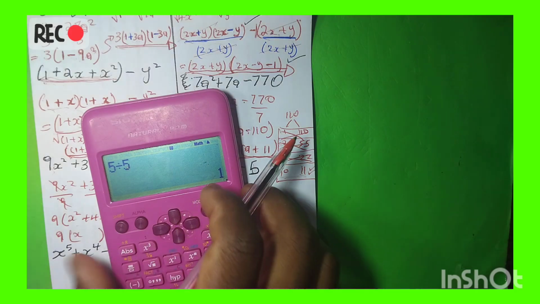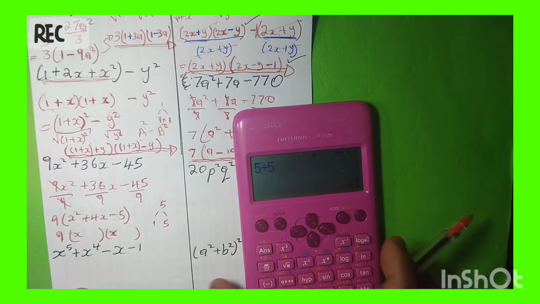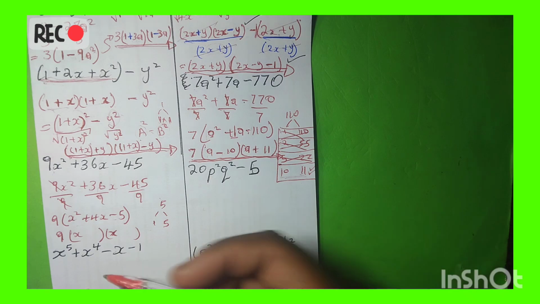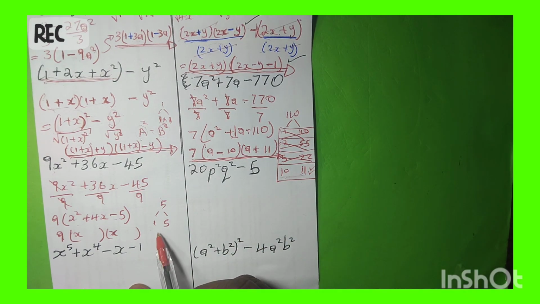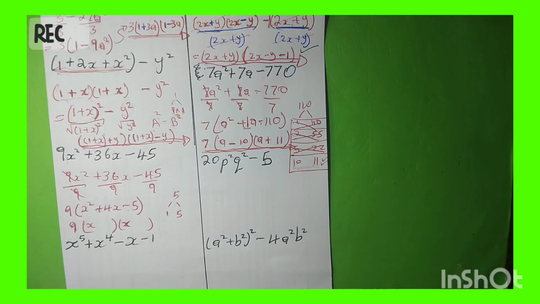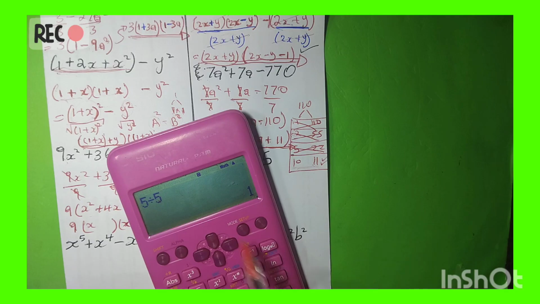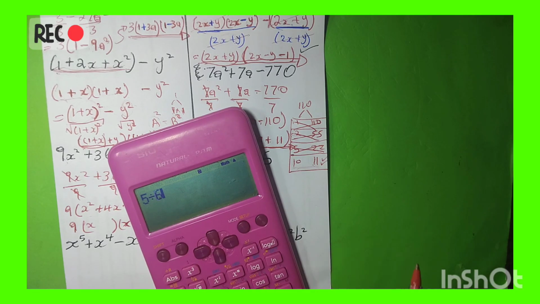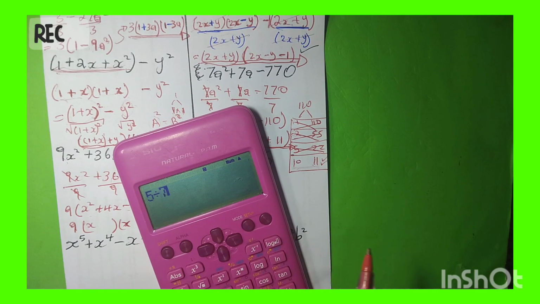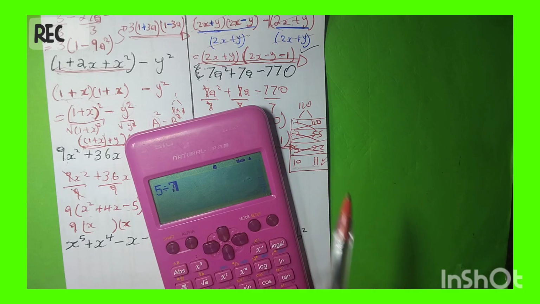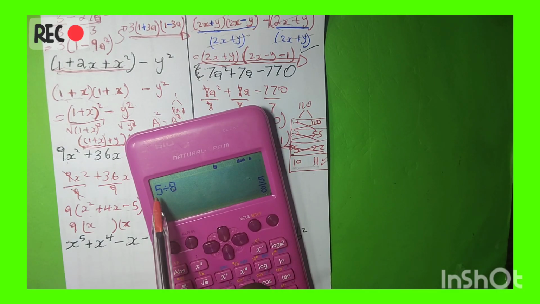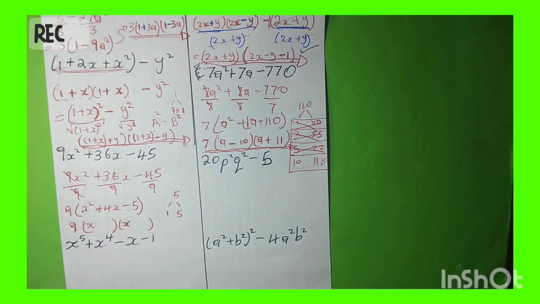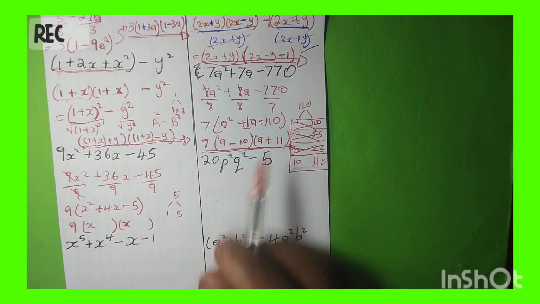Those are the repeating factors, which are 1 and 5. No need for you to write them. If you got a repeating factor, no need to write them. And you can't go above 5. You can't divide by 6, because those ones won't be factors. You can't go above that number. So it simply says we've got only these factors.